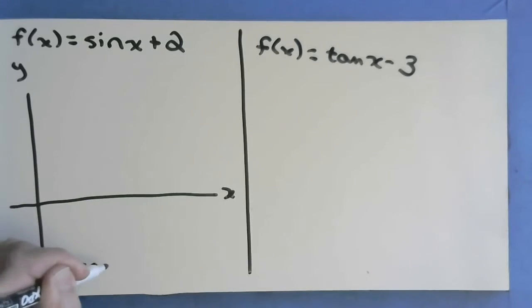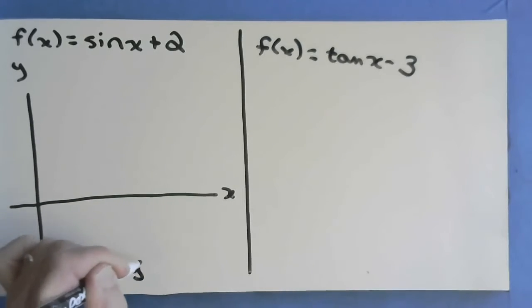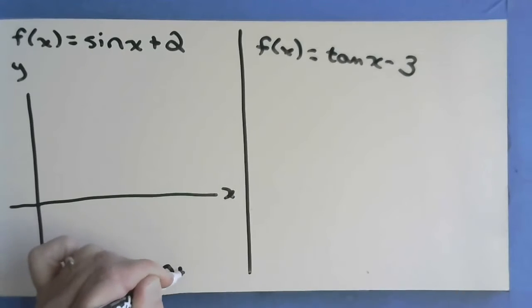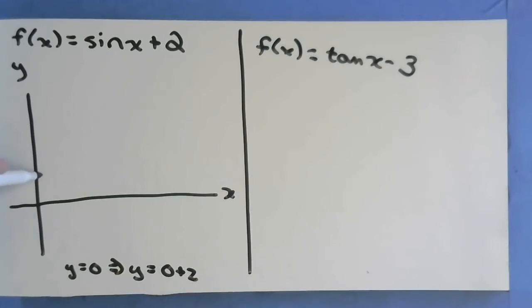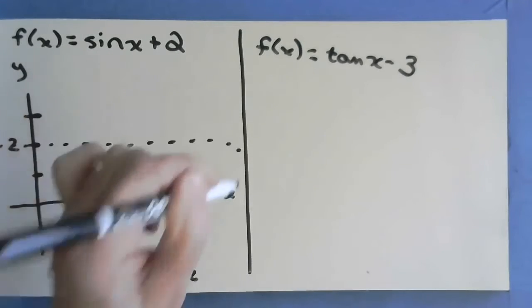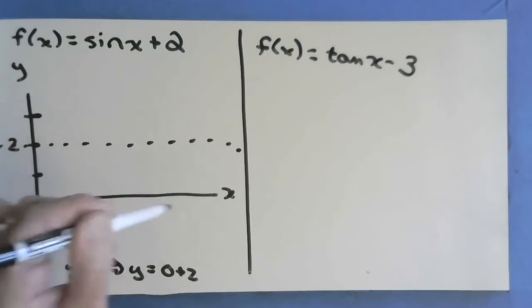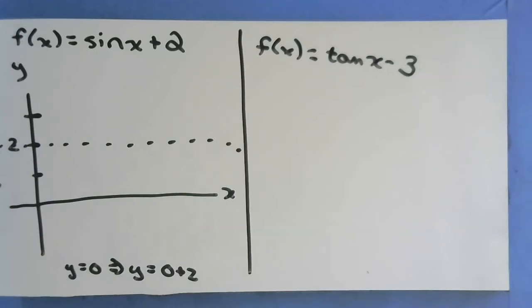Y equals 0 is being shifted to y equals 0 plus 2. So we know if this is 2, then that baseline is there. It was there, and we would have drawn sine over that, but now it's up by 2.